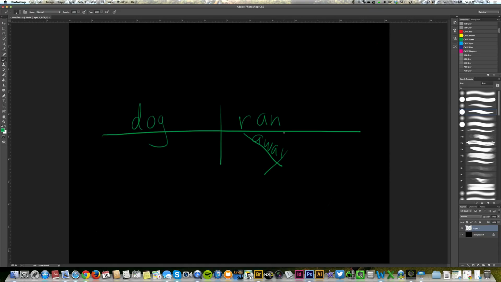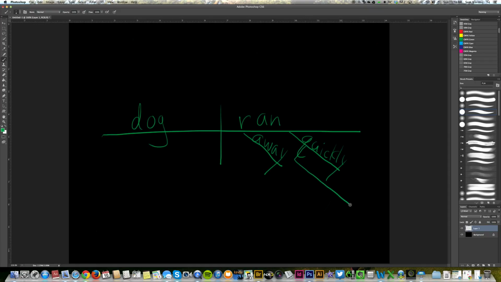And then we hang another modifier off of ran, because it tells you how. Quickly. Okay, so the dog ran away quickly. So notice this. Modifiers hang off of the word that they modify. Away, quickly. Now, how quickly did he run? Ridiculously quickly.